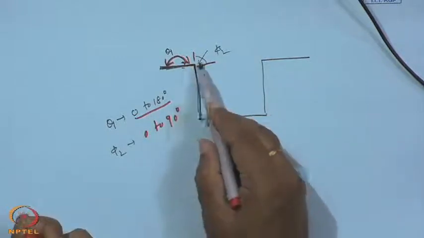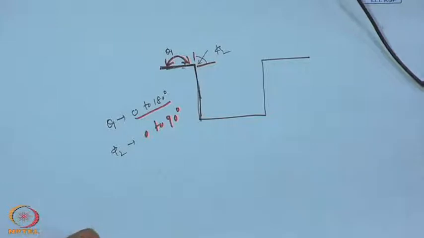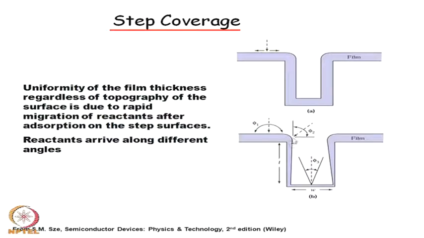So, it can be double, and in the diagram also, one can see that this thickness is half of that thickness.